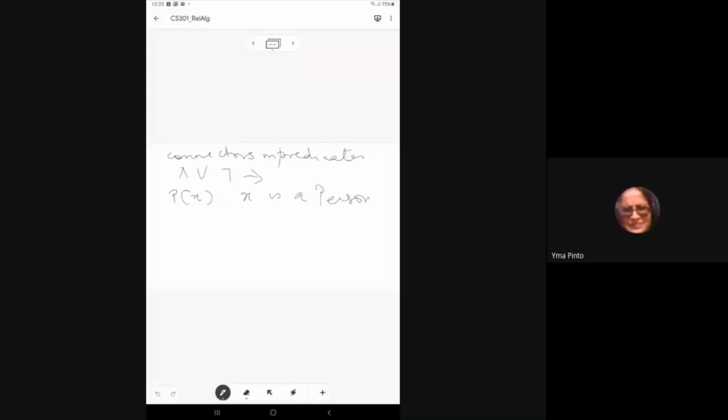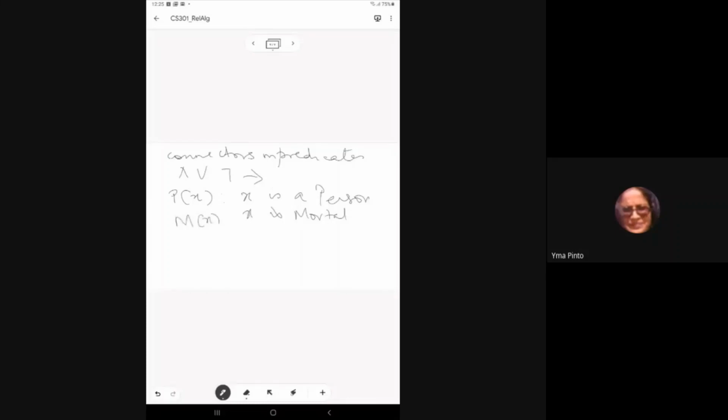Let's look at something else that makes it more logical. We can connect predicates using connectors. And, or, not, and implication are the four connectors that we can use on our predicates. So let's say we interpret a statement like x is a person to be p(x), and x is mortal I will write as m(x).